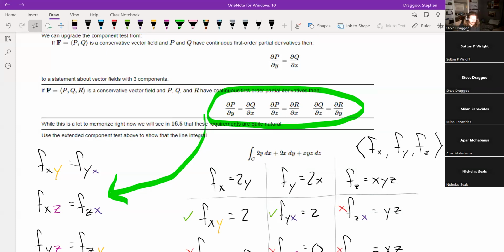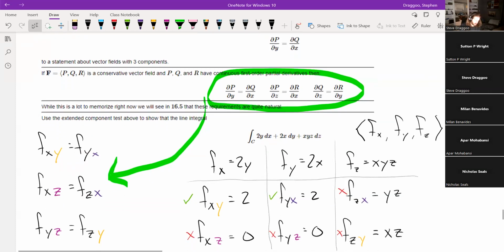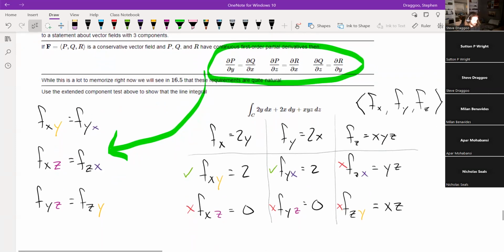So we need to check to see that each of the second order partials are equal to each other, which ends up with the green highlighted equation that's up there, which I think is a little bit daunting to look at first. So I'm going to simplify it over here on the left. What each of those lines is really saying is that the xy partial is equal to the yx partial.